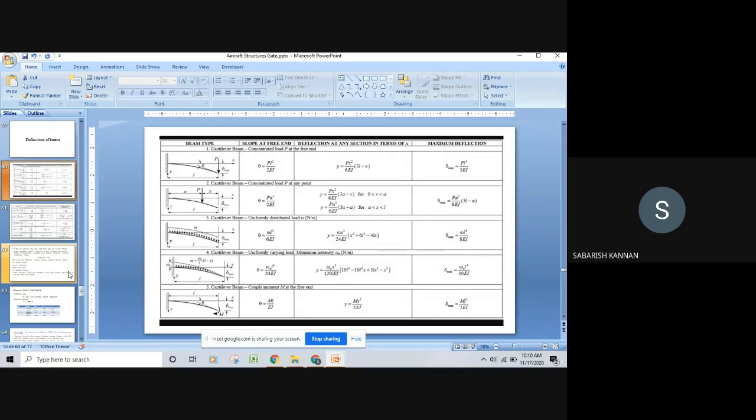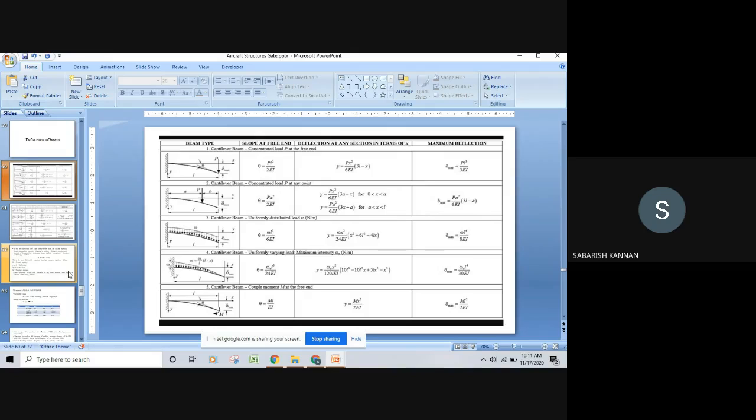First one is beams are initially straight. Before the loading condition, beams are always initially straight. And the second one is the material is homogeneous and isotropic.